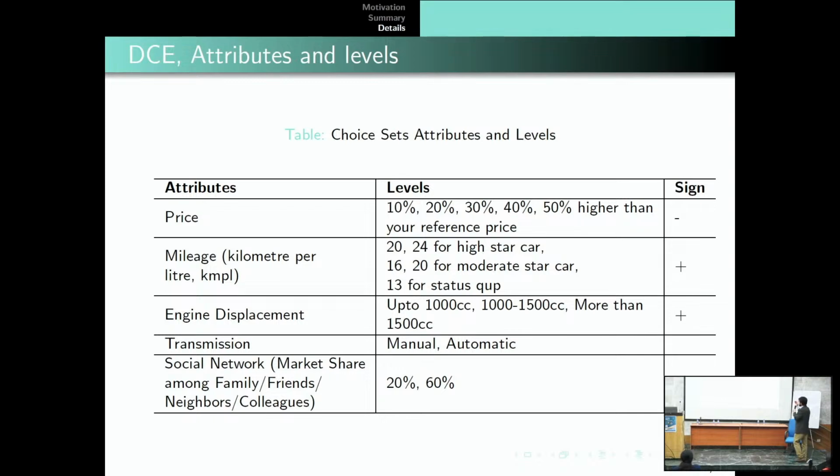But when we presented them with the moderate star car, we presented mileage that goes from 16 to 20. If the labels really only reflected mileage, you should not have high star and moderate star both with 20. Strictly speaking, the moderate should always have lower kilometers per liter.